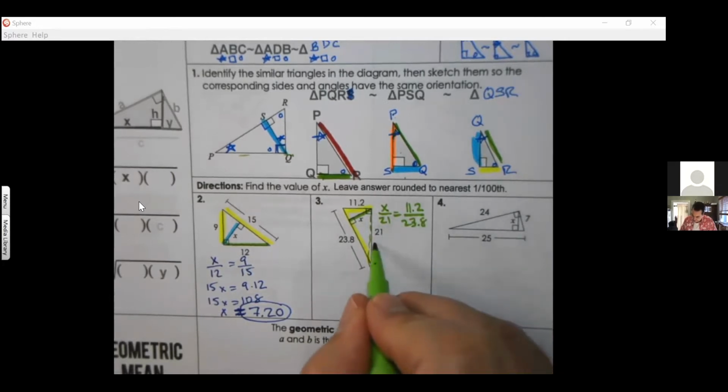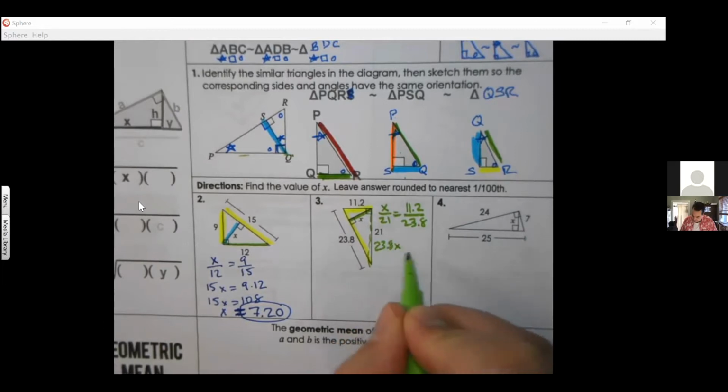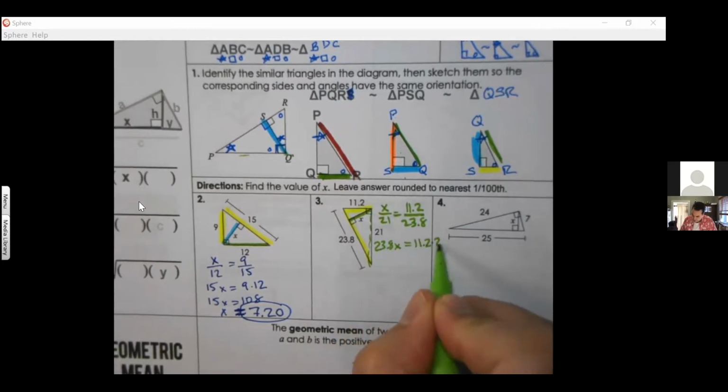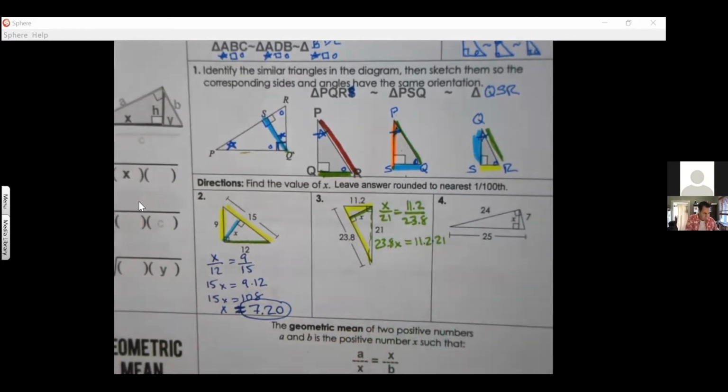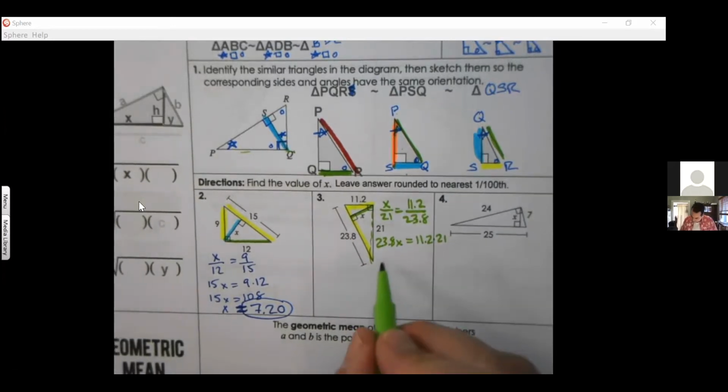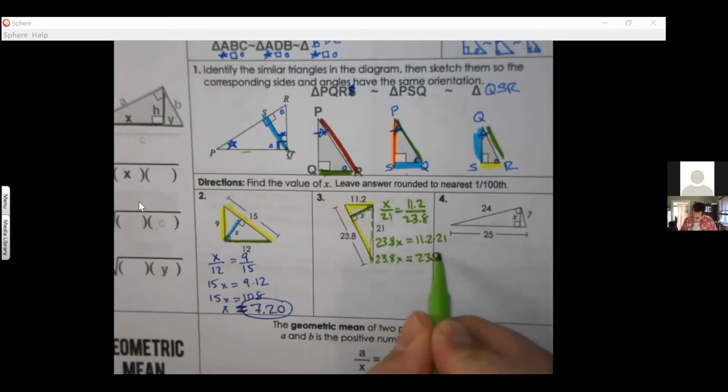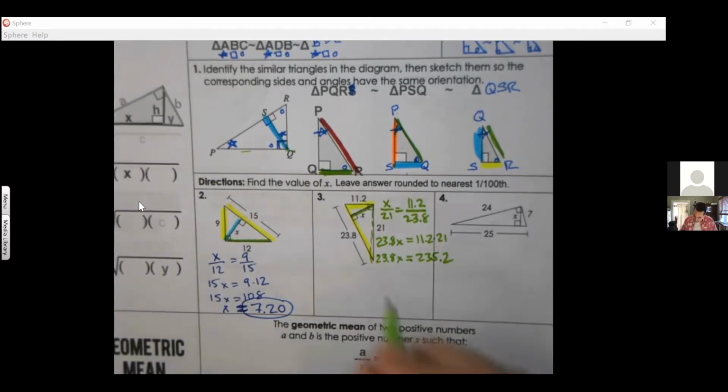Cross multiply, 23.8x equals 11.2 times 21. So 23.8x equals 235.2 divided by 23.8. And I get x is approximately equal to 9.88235. Nearest hundredth, I'd say x is about 9.88.